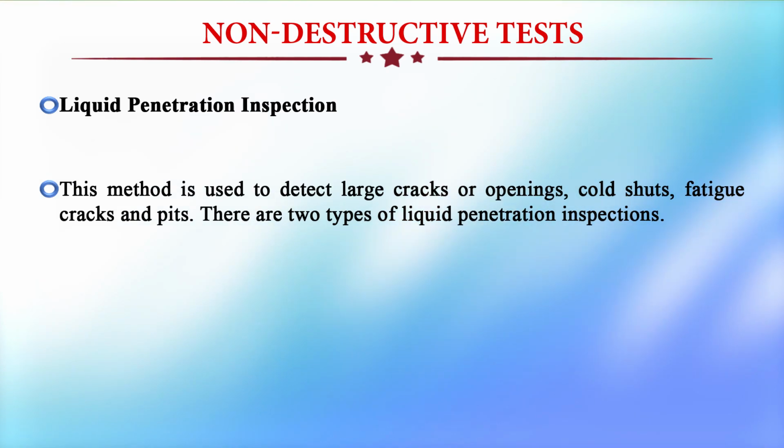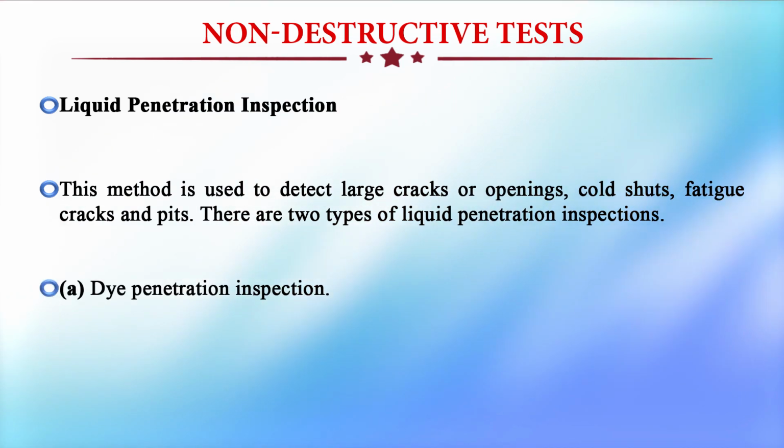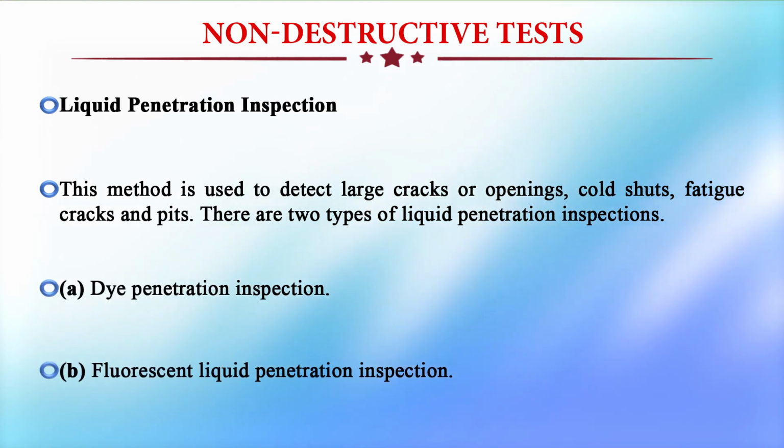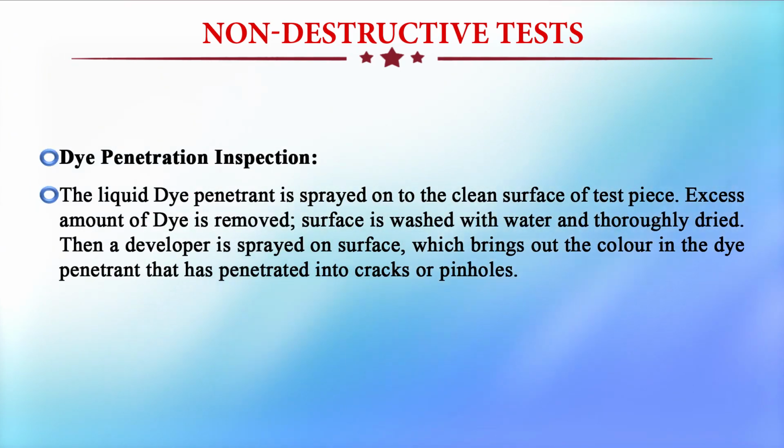Liquid penetration inspection. This method is used to detect large cracks or openings, cold shuts, fatigue cracks and pits. There are two types of liquid penetration inspection: dye penetration inspection and fluorescent liquid penetration inspection. Dye penetration inspection: the liquid dye penetrant is sprayed onto the clean surface of the test piece.